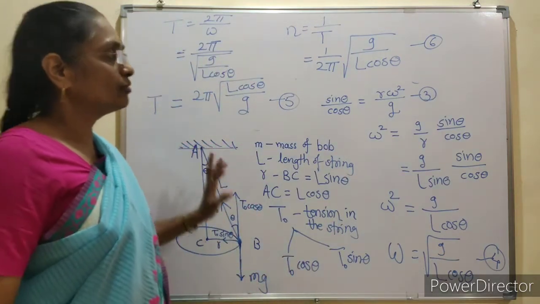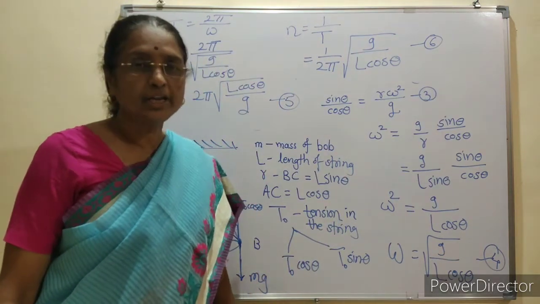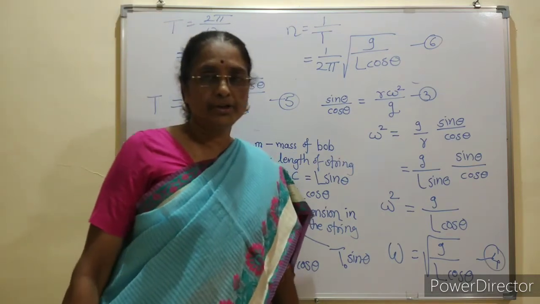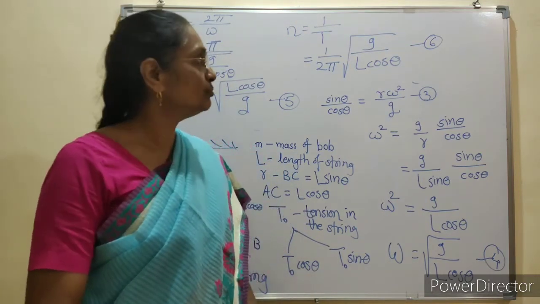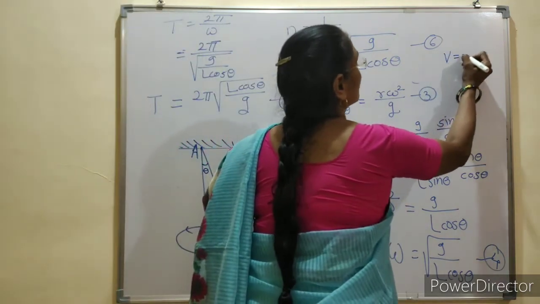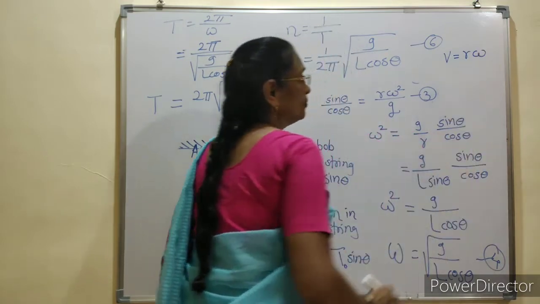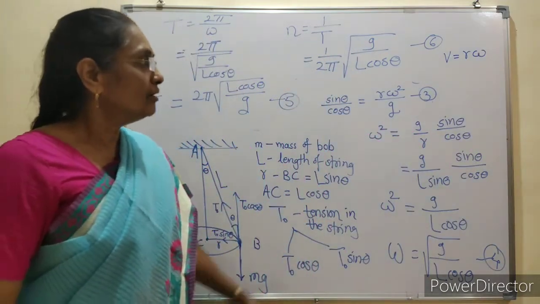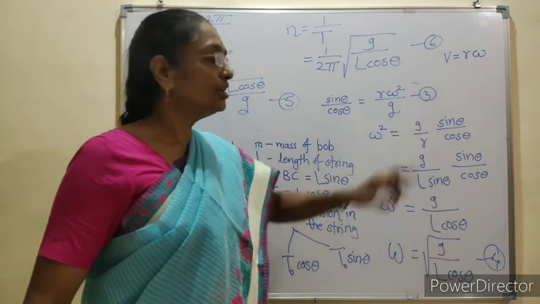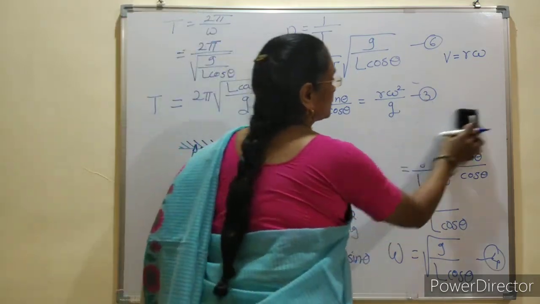Now we have to find the relation for linear velocity, because linear velocity and angular velocity are related with each other. We have the relation V is equal to R omega. So it can be obtained from equation number 3.